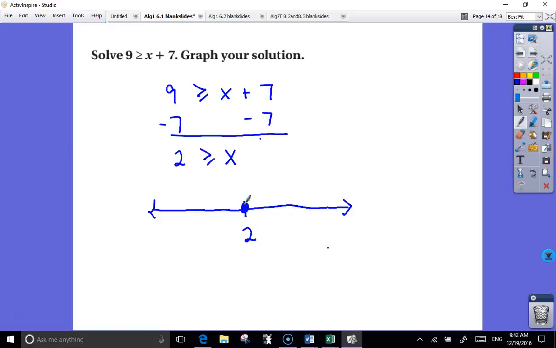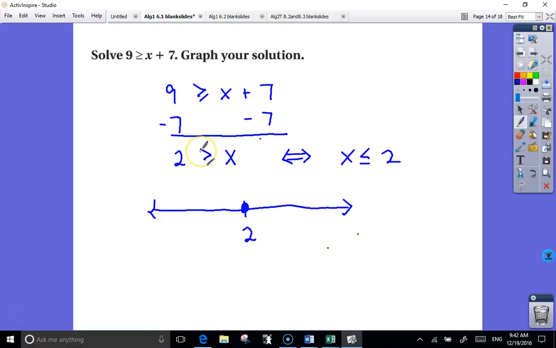If it's solved with the x on the left, then the inequality sign is like an arrow pointing the way to the shading. This one does not have the x on the left. So when somebody said flip it, what you flip is the whole thing, right? You don't just change the inequality symbol. You make this x is less than or equal to 2.